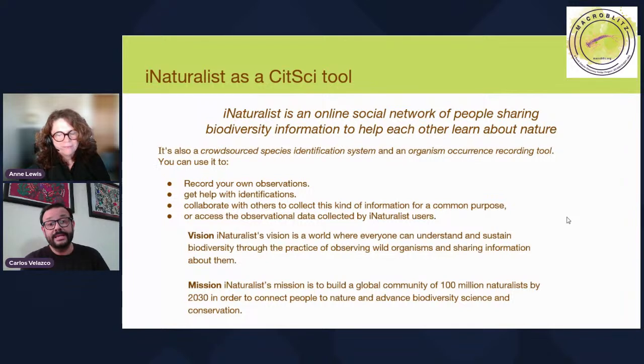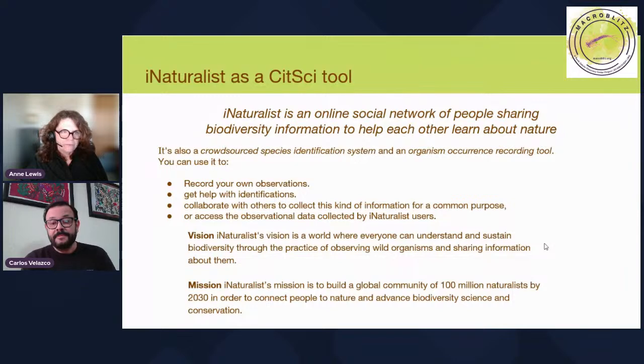It's also based on a web page, and it can also work on any mobile device, Android or iOS. This tool started pretty much like a students' project, and they were looking for a social network to connect or reconnect people with nature. They were not thinking about gathering hundreds of millions of observations and species, but nowadays it works pretty much like that.